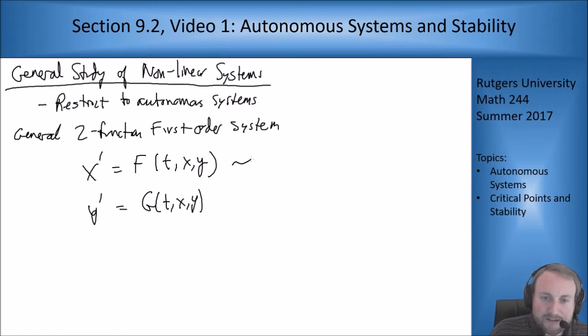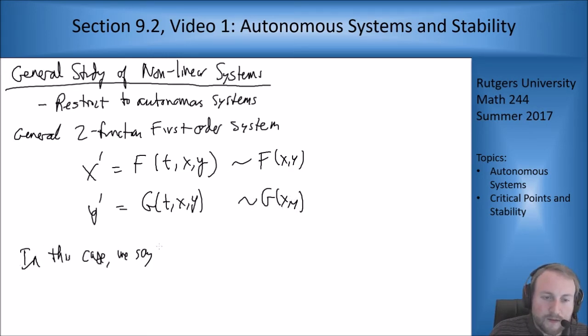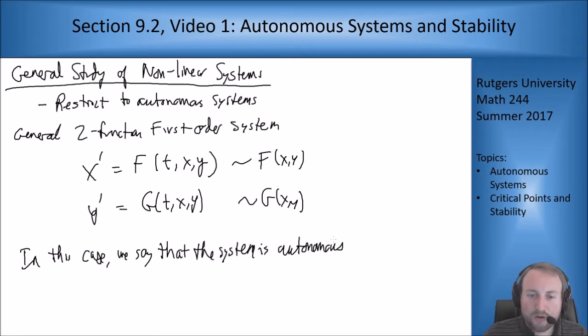So x prime is just some function f of x and y, and y prime is just some function g of x and y. In this case, we say that the system is autonomous, which is the same sort of definition we had from section 2.5. It just meant that the right-hand side didn't depend on t explicitly, only on y, the function we cared about, but now we have two functions, so the right-hand side can depend on both functions.